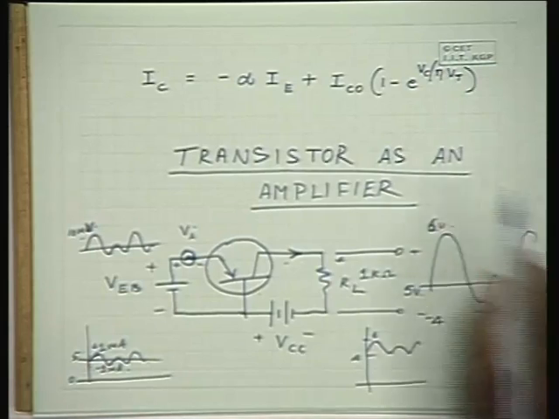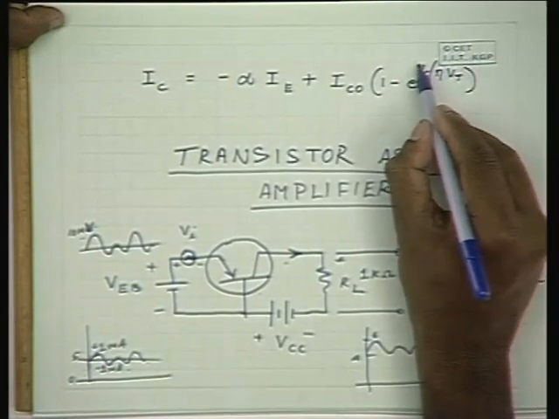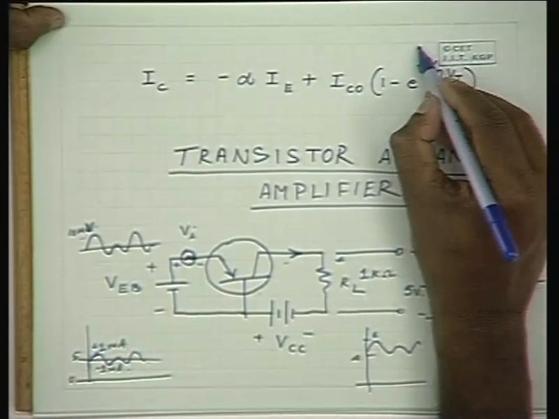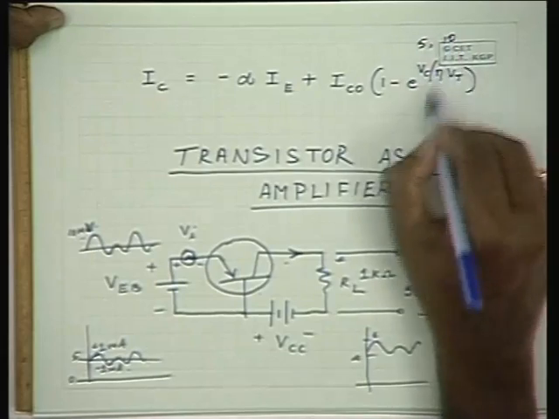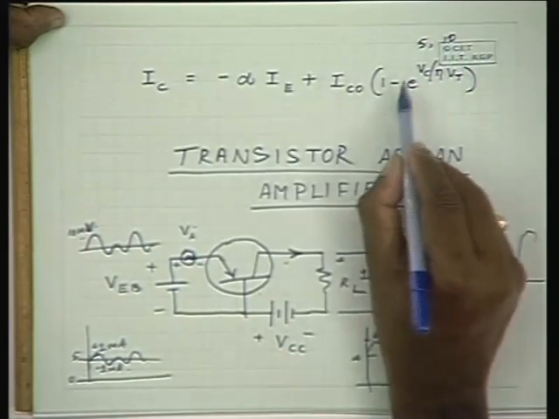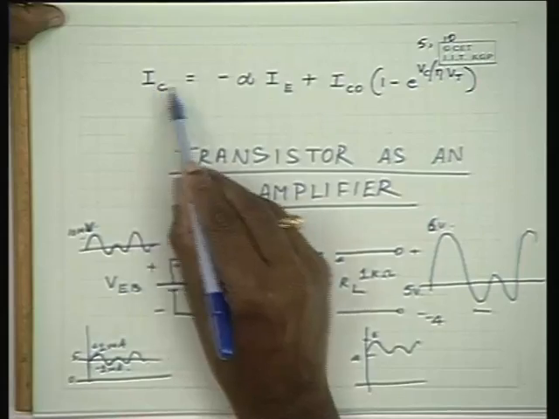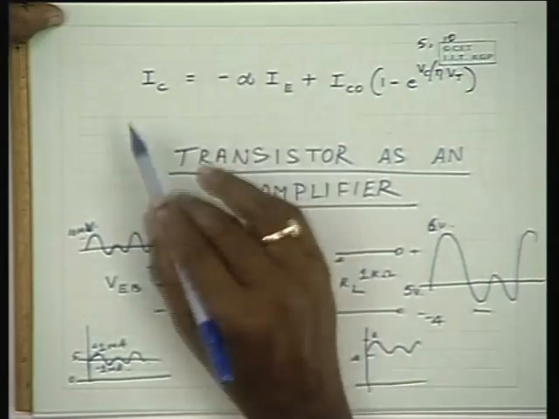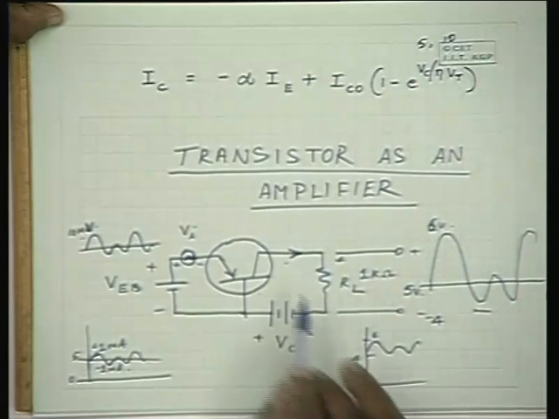But please note that in a reverse bias junction with large voltage variations, irrespective of whether the reverse voltage is 5 volts or 10 volts, the change in the current is very small. Therefore, the collector current to emitter current relationship doesn't vary much with the variation in the reverse voltage.